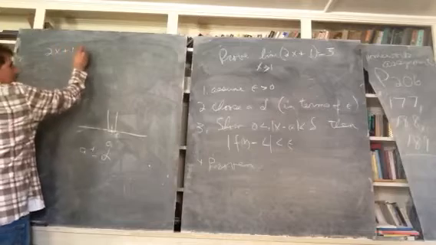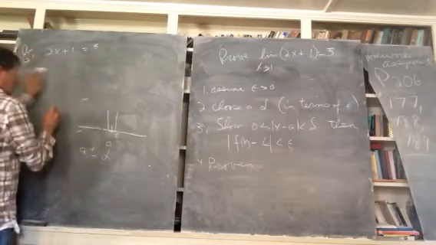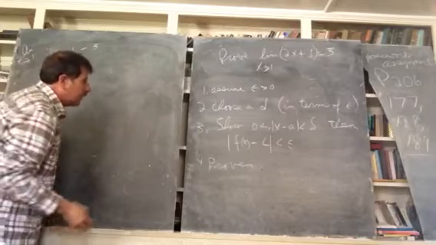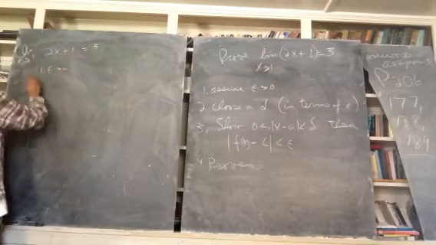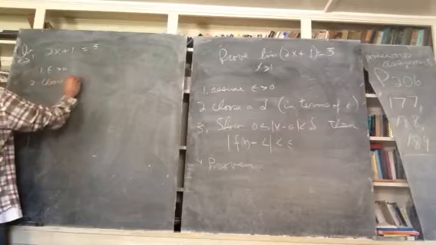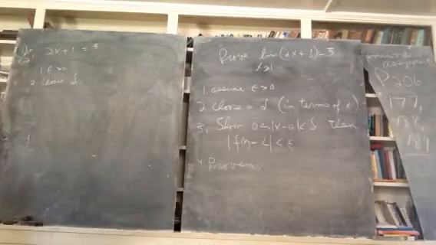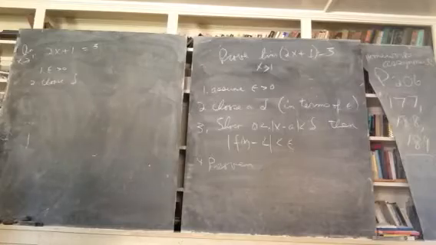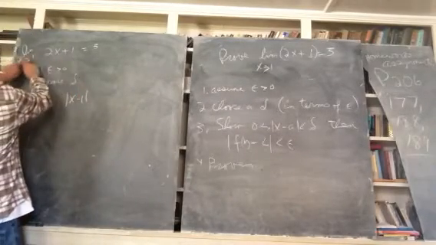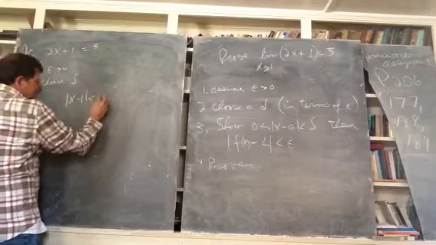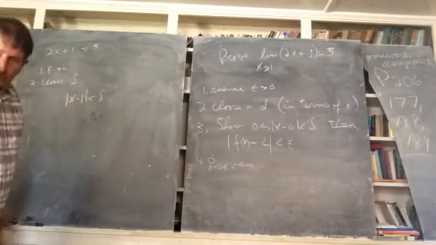The limit as x approaches 1 of 2x plus 1 equals 3. Now just assume an epsilon. Now we want to choose a delta. One, epsilon greater than 0. Two, choose a delta. Here's where it gets interesting, because we want to say absolute value of x minus 1 is less than some kind of delta. So now we have to choose that in terms of epsilon.